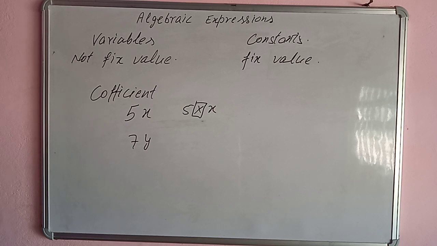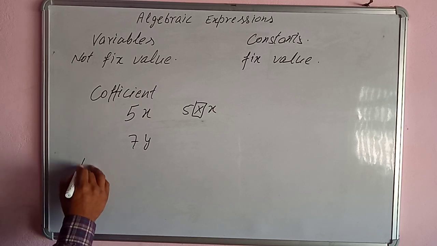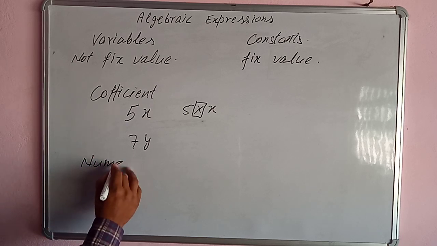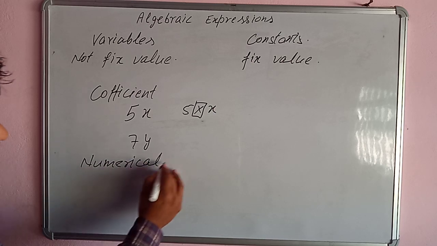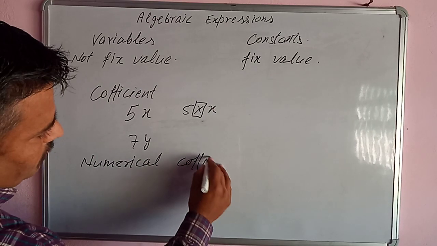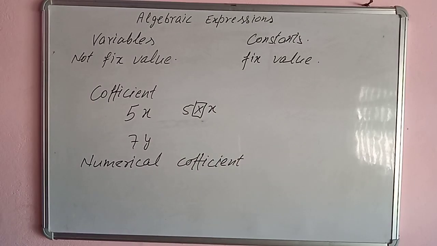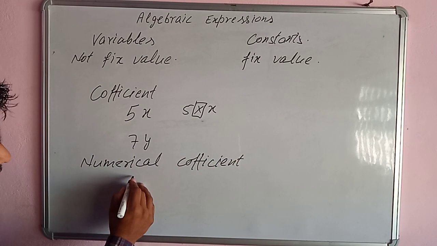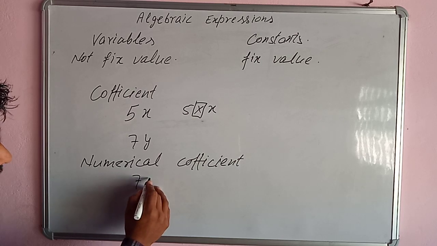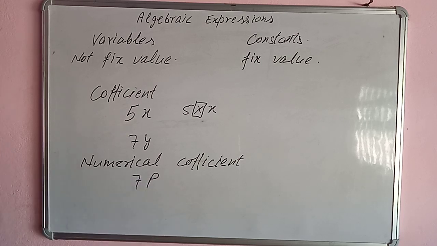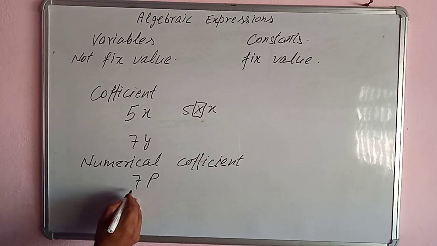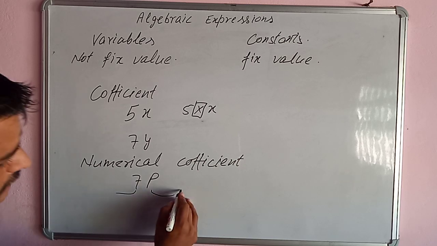Next, numerical coefficient. What is a numerical coefficient? If I write 7p, here we have two parts. This part is called the numerical part and this part is called the literal part.